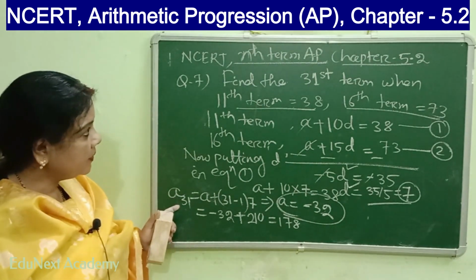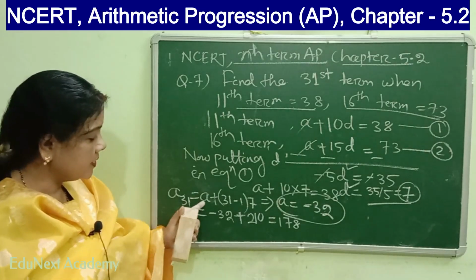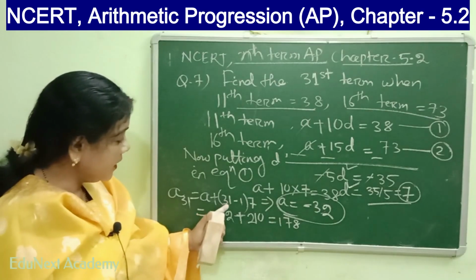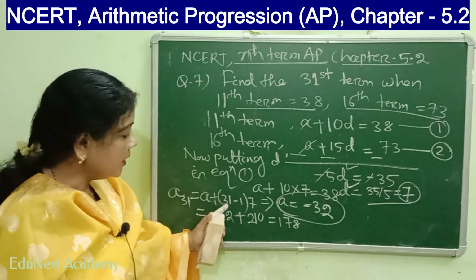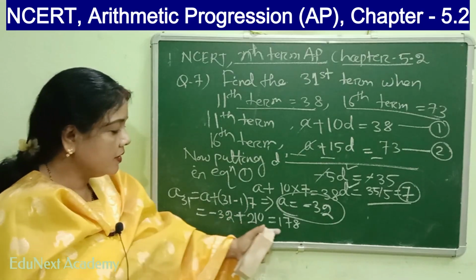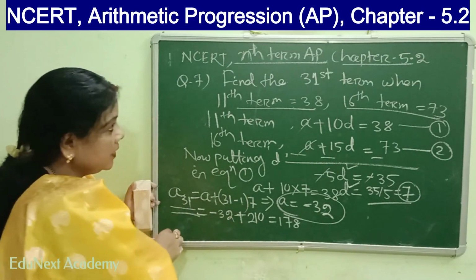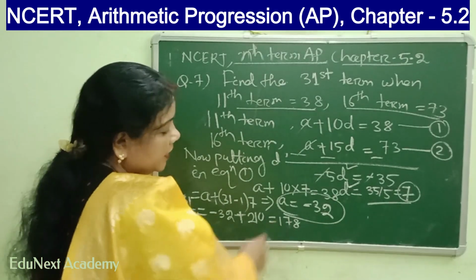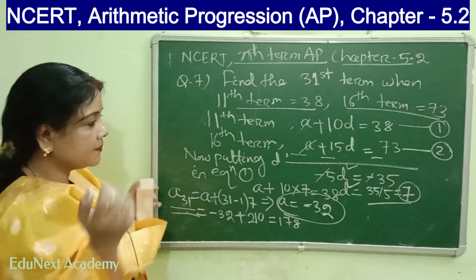So here I have to find the 31st term, that is a plus n minus 1 into d. Here n is 31, so 31 minus 1 into 7. After solving this, I got the 31st term of the AP as 178.